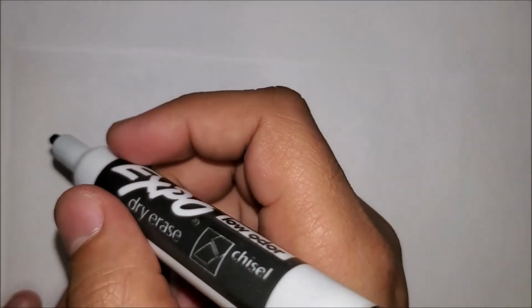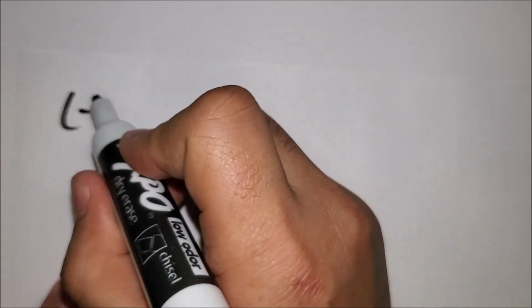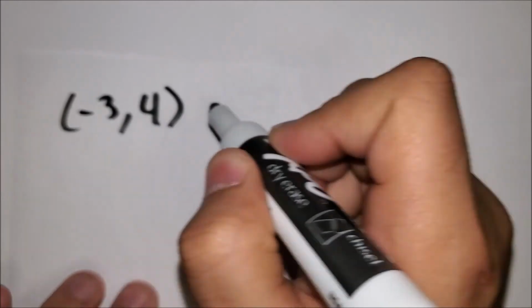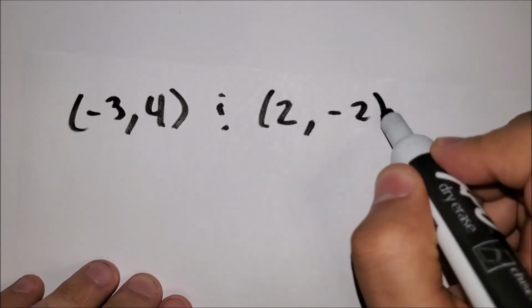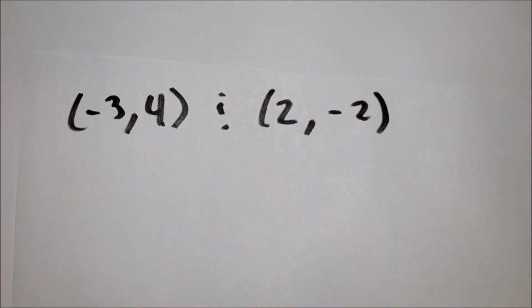So while doing this, we could find the distance and the slope between these 2 points. Suppose we have 2 points, negative 3, 4, and 2, negative 2, and we wanted to find their distance and their slope.